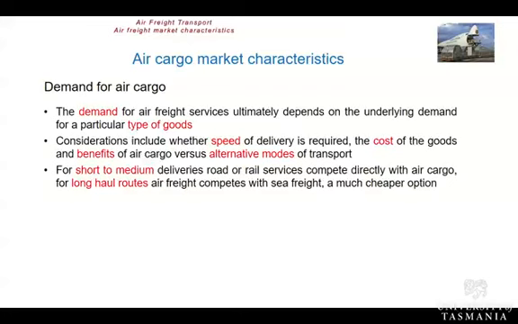And what we find is that when we look at the competition on short to medium routes, most of that competition is going to be air cargo, rail and road. And on the long haul routes, unexpectedly, the competition is mainly with sea freight, which, as we know, is a much cheaper option.